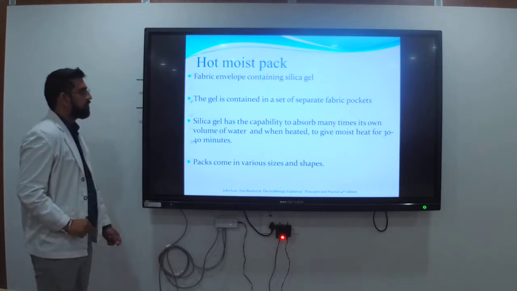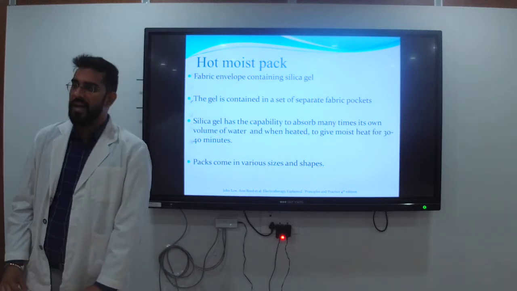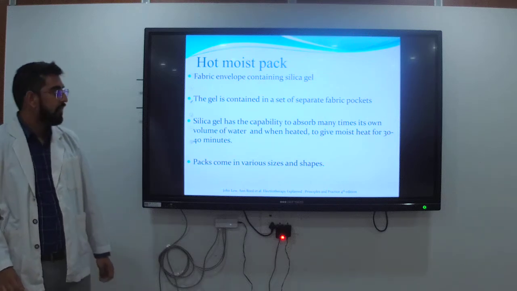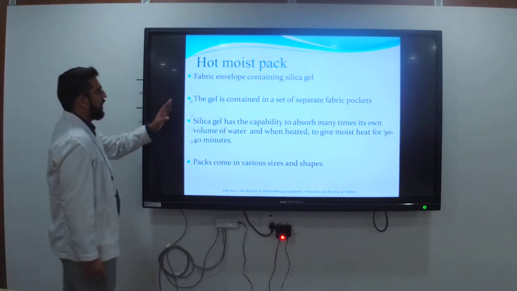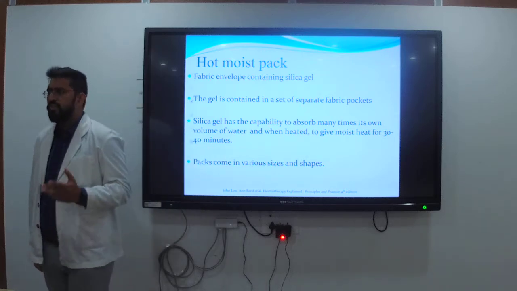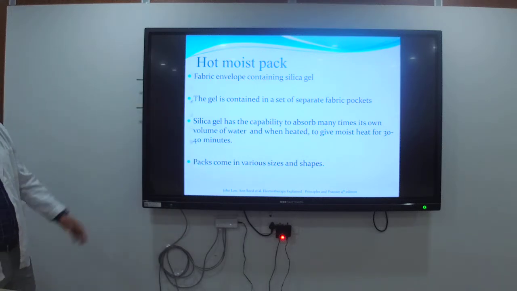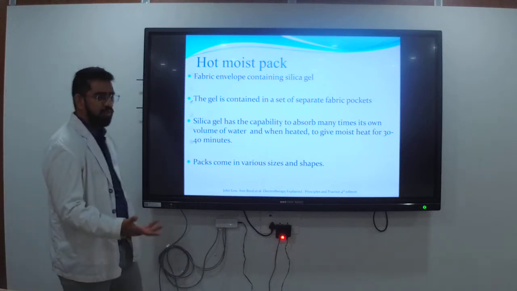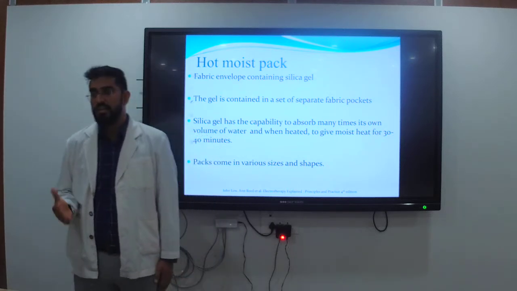Now, what do these packs contain? These are fabric envelopes containing silica gel. Why do we use silica gel? We could use any other thing.